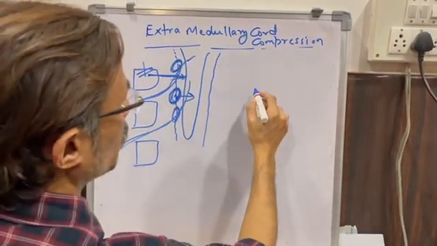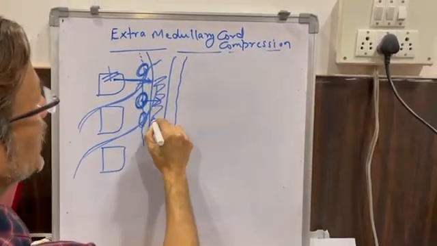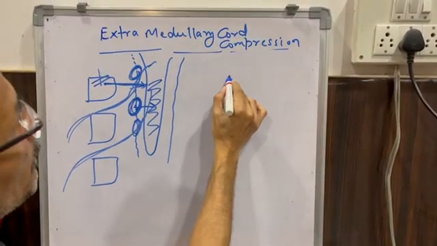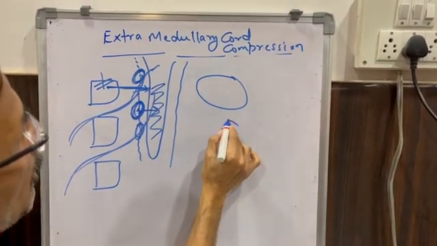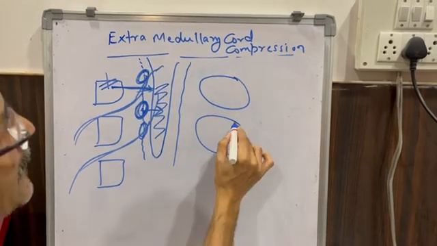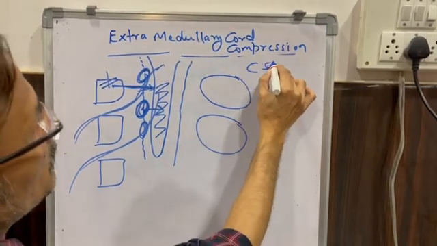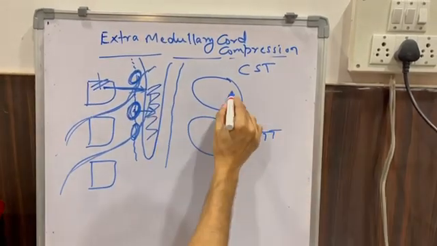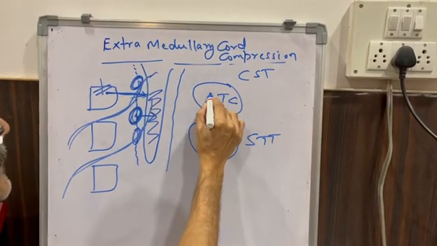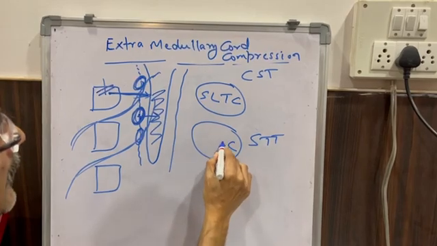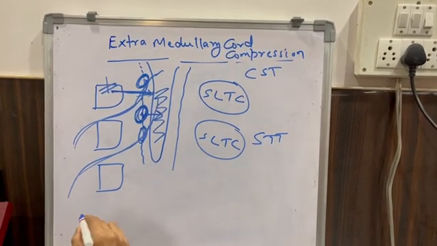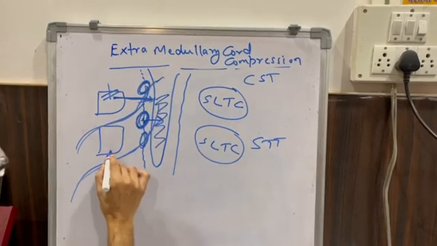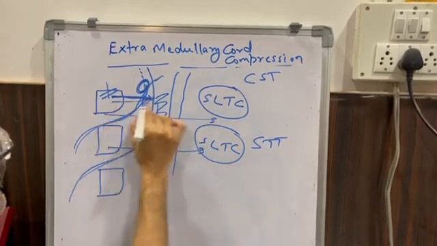And when the spinal cord substance is compressed from outside within, we have already remembered the basic long tracts in the white matter. Say for example, this is the corticospinal tract and this was the spinothalamic tract. How the fibers were arranged: cervical, thoracic, lumbar, sacral. So this way our pathology will gradually compress and the clinical features will present like this.